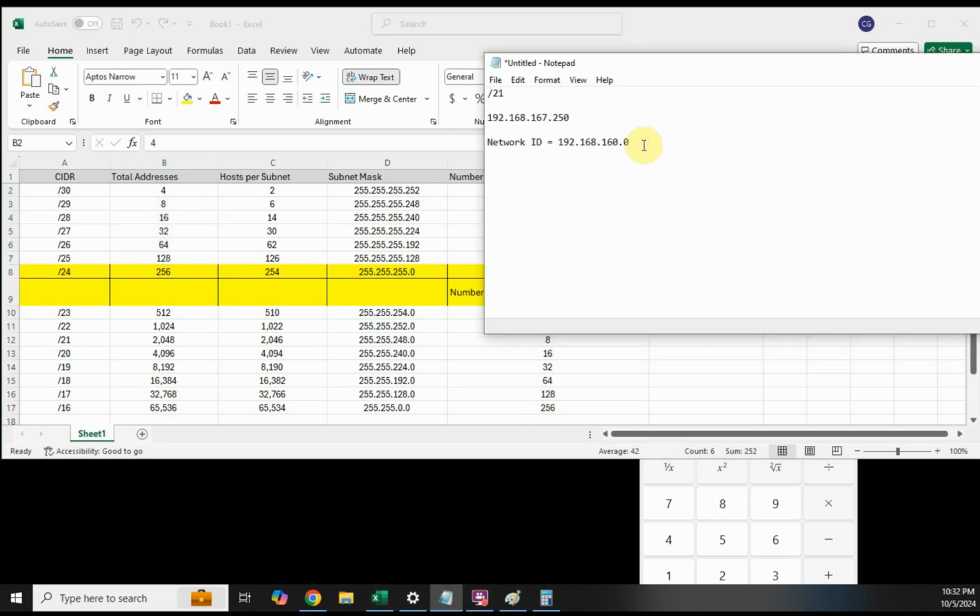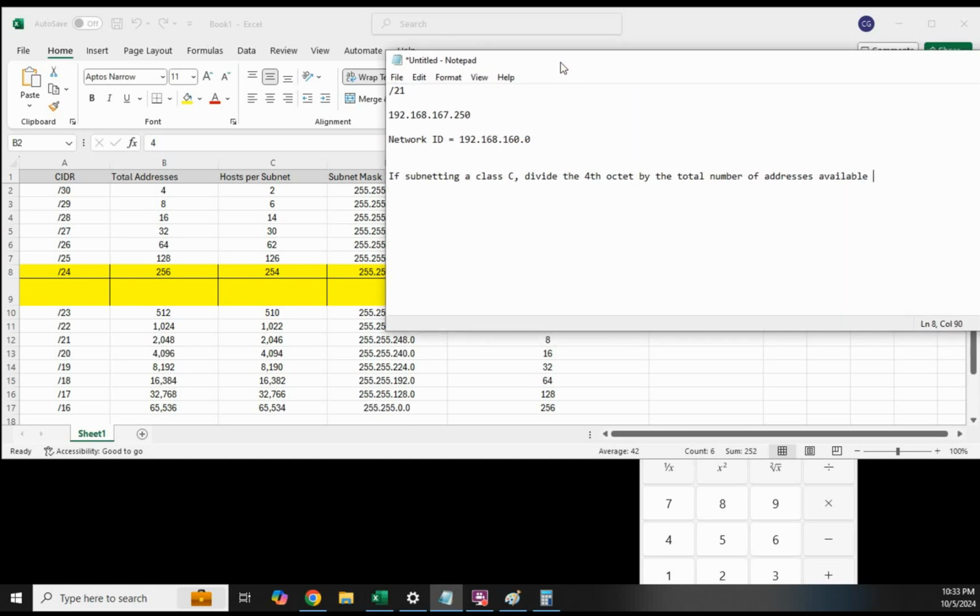I'll write it out. If subnetting a Class C, divide the fourth octet by the total number of addresses available to get the network ID.